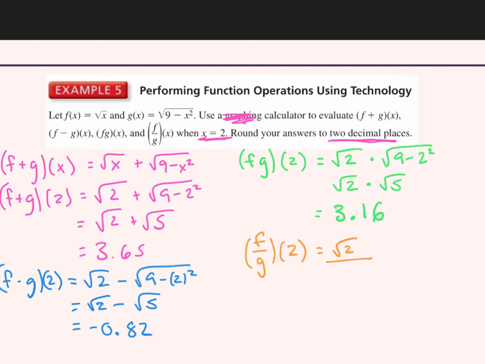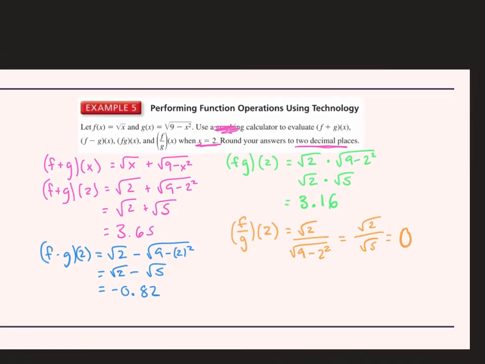Square root of 2, so f of x over the square root of 9 minus 2 squared. So this would be the square root of 2 over the square root of 5. What do we get? 0.63. Awesome. So we have 4 answers here.